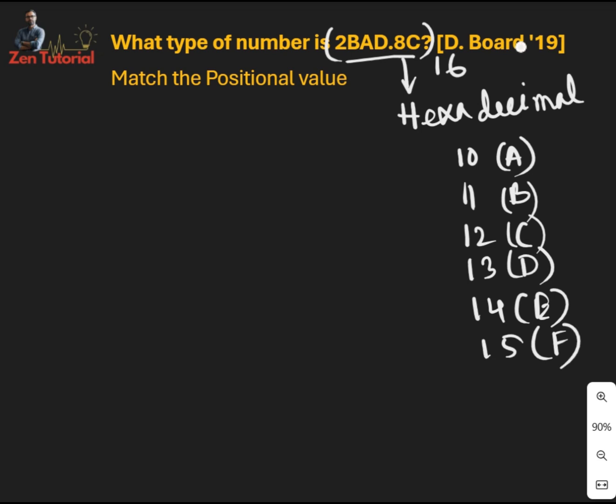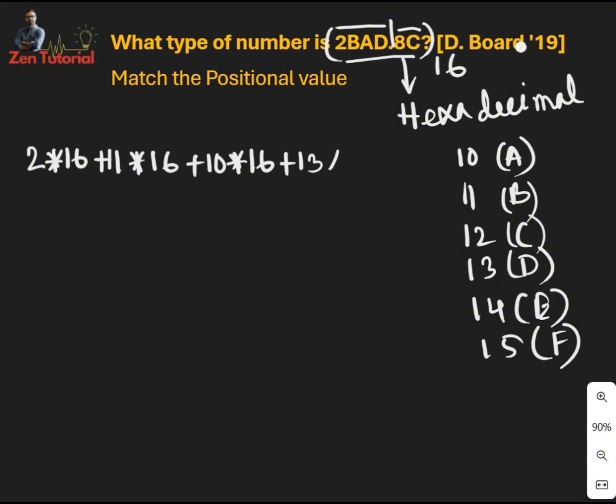And this number actually has two portions, fraction HC, then radix, and the integer number. So 2 times 16 plus B represents 11, 11 times 16 plus A represents 10 times 16 plus D represents 13 times 16.